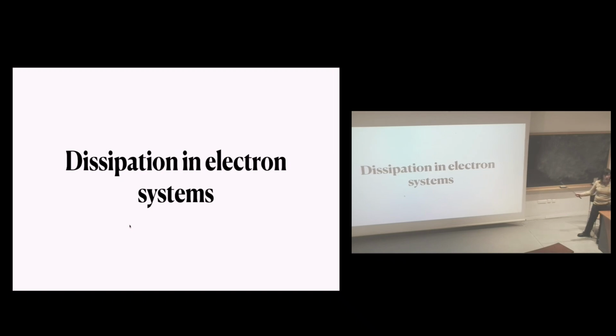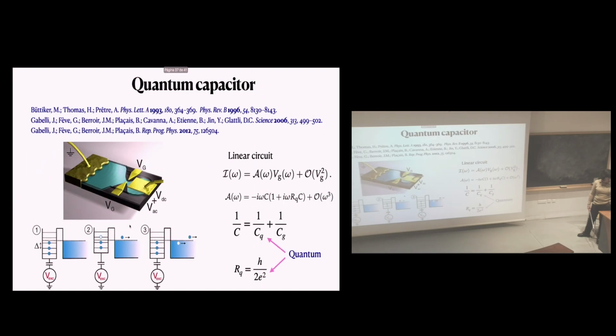So far, the examples I gave were on a system coupled to bosonic baths, to Caldeira-Leggett baths. But a few words about dissipation in electron systems. In electron systems, the simplest system, where you have a small few-level electron system connected to a single reservoir, is this one.